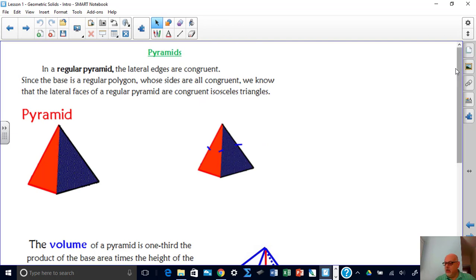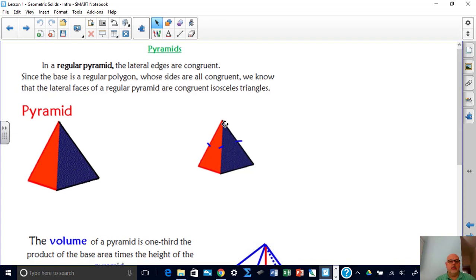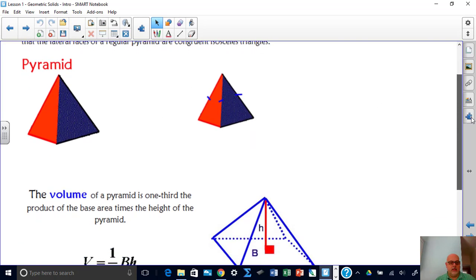So pyramids. The lateral edges are congruent. That's these here, lateral edges. We're dealing with regular pyramids, so the bottoms are all squares. A pyramid is comprised of a square base and 4 congruent isosceles triangles around that make up the sides.